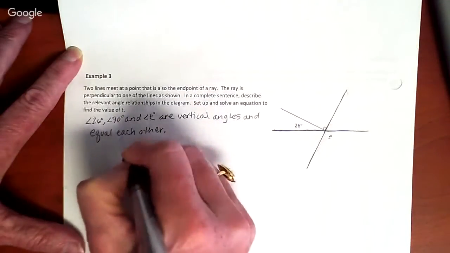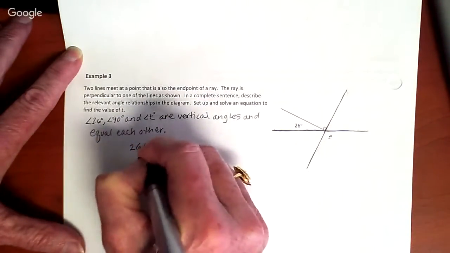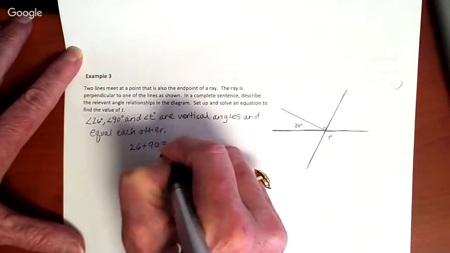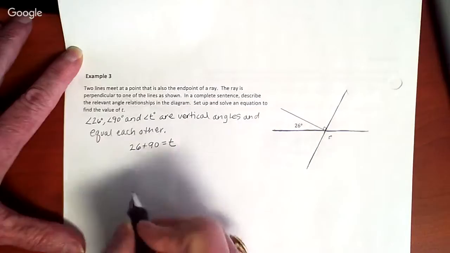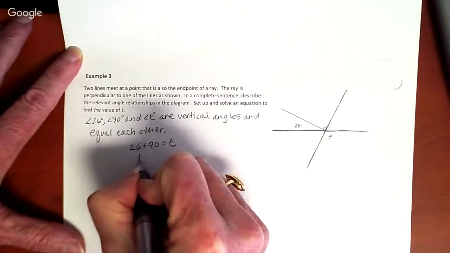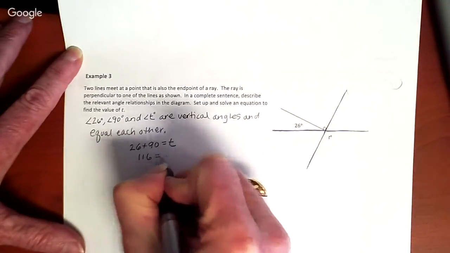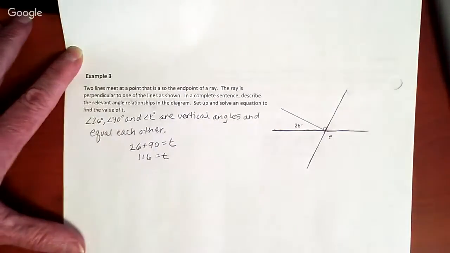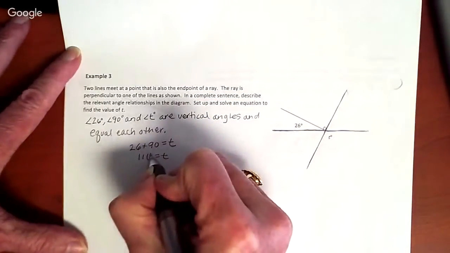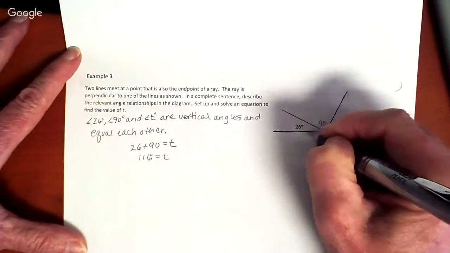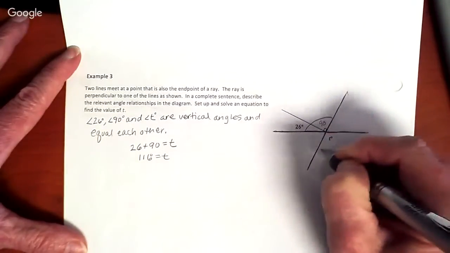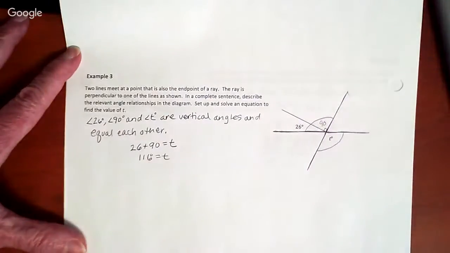Therefore, 26 plus 90 equals T. So now we have 116 equals T. So T is 116 degrees. This would be 90, so this equals this. Okay? Next.